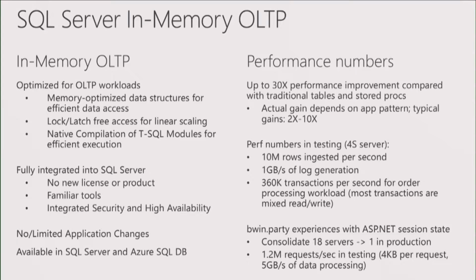Once they adopted in-memory OLTP, they managed to reduce that to a single machine. And in testing with that application, they managed to get 1.2 million requests per second run by a single 4-socket server. And this equates, in this case, because it was 4 kilobytes per request and an update-select workload, to 5 gigabytes a second of data being processed, being ingested by the server.